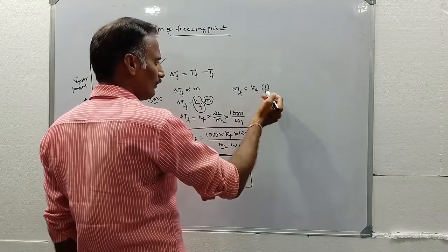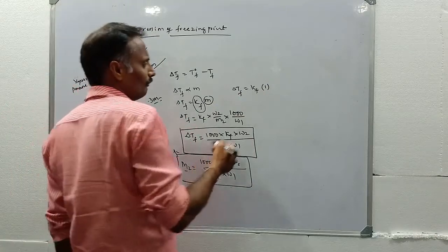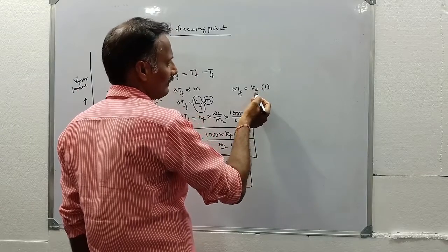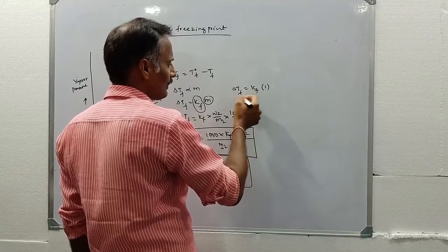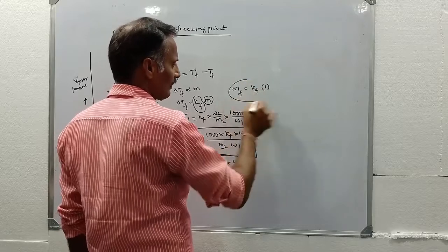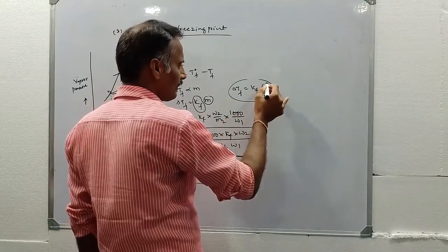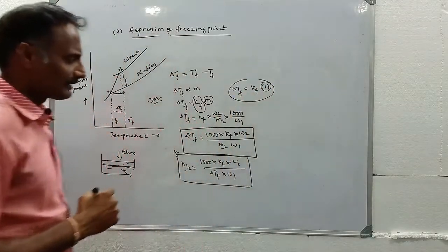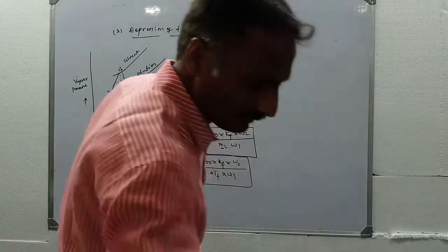That is, when 1 mole of solute is dissolved in 1 kg of solvent, the decrease in the freezing point of that solution is nothing but the cryoscopic constant. When the molality of a solution equals 1, the Kf value is equal to the delta TF value, that is, both are the same. Based on this, we are solving one of the problems.